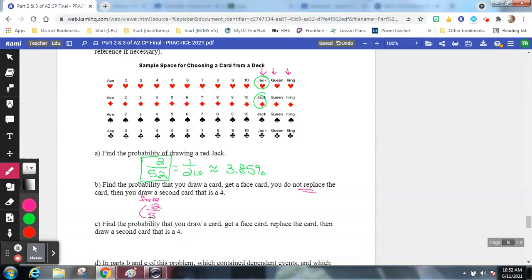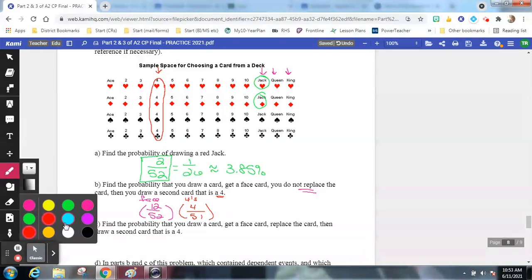There's 12 out of 52. Then I want to get a 4. Well, here's all my 4s. But I didn't replace it. So of the 4s, there are 4 of those. There's all 4. And it's out of 51 this time because I didn't replace the card.